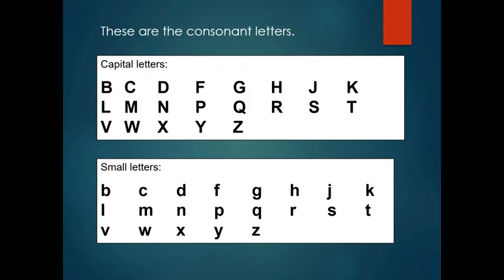They are B, C, D, F, G, H, J, K, L, M, N, P, Q, R, S, T, V, W, X, Y, Z. Okay, now the next box are the small letters.